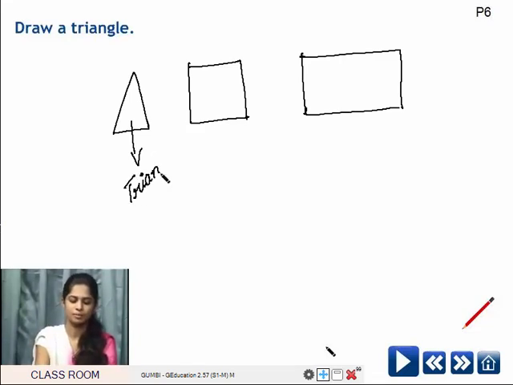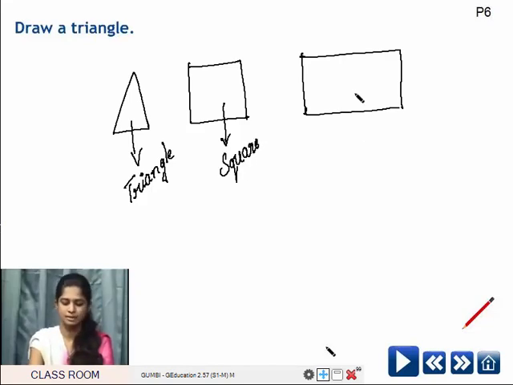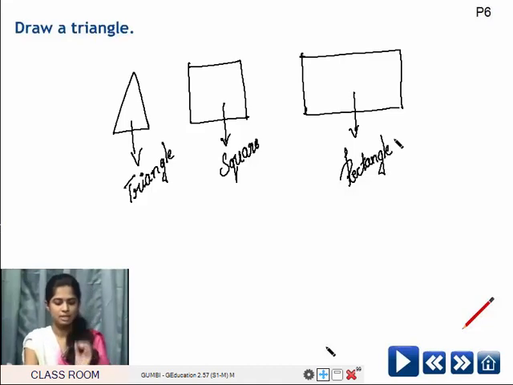Okay, it's a triangle. And this shape is square. And this shape is rectangle. So the three shapes are triangle, square and rectangle.